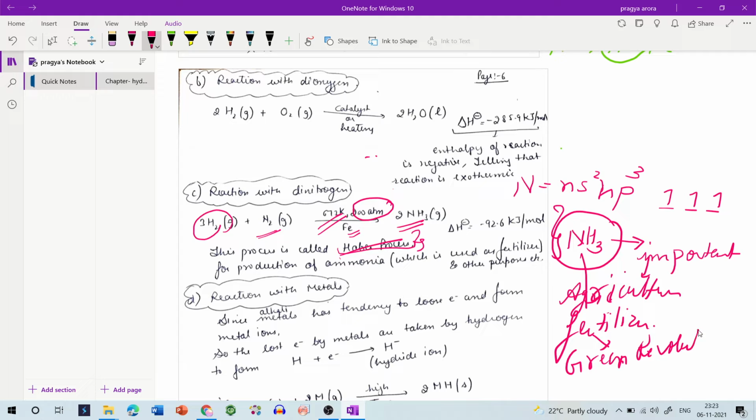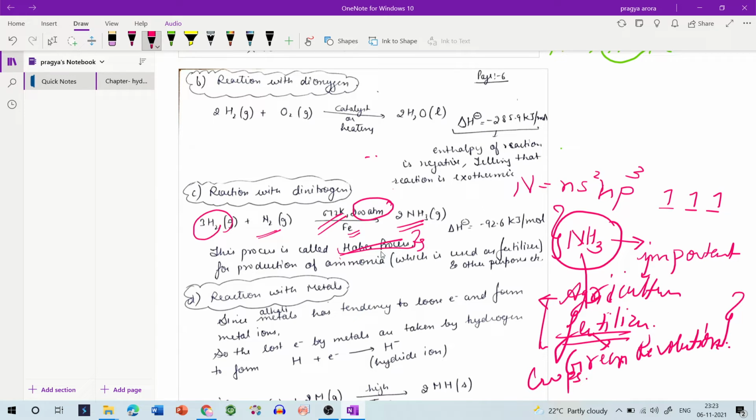So the process is so important that it is used in our daily life, for a very important purpose, that is agriculture, growing food. We are dependent on crops for our food, so it acts as a fertilizer and it is very important.